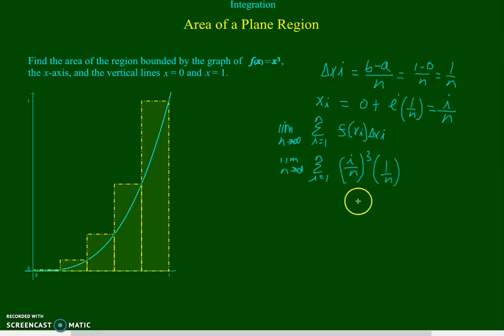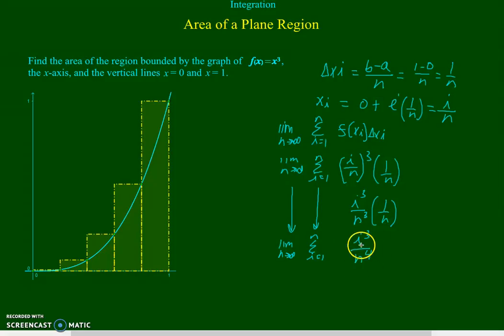Now, to simplify this out, that's i cubed over n cubed times 1 over n, which gives us i cubed over n to the fourth. And these limits, the sum and the limits follow down, so we have the limit as n approaches infinity of the sum from i equals 1 to n of this term.